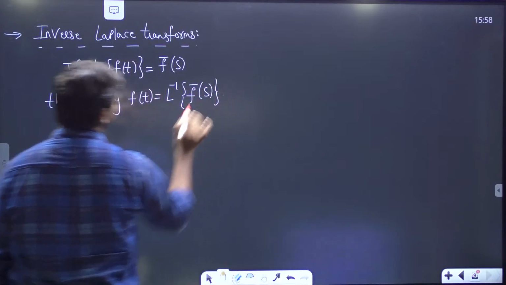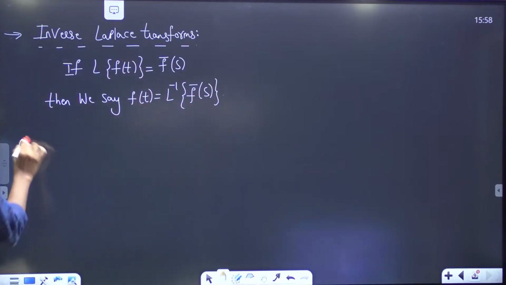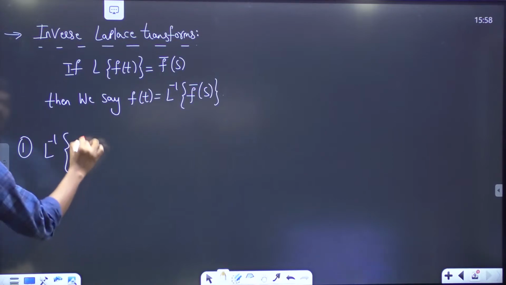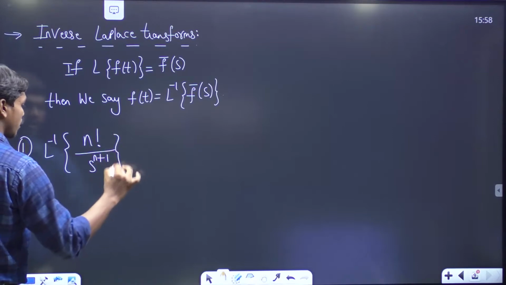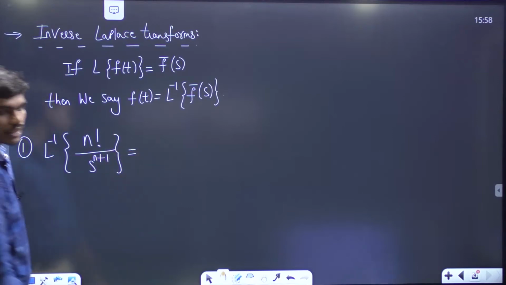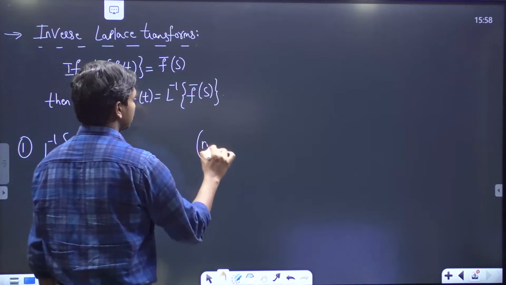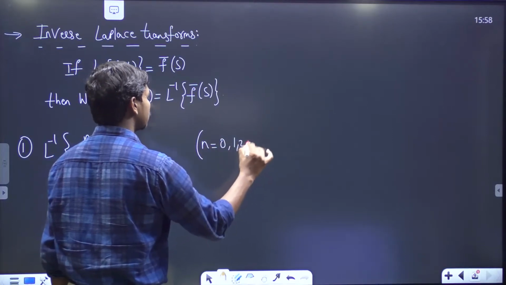This L inverse indicates the inverse Laplace operator. Following this, the first point is L inverse of n factorial divided by s power n plus 1, where n is equal to 0, 1, 2, 3 and so on. What could be the answer for this?